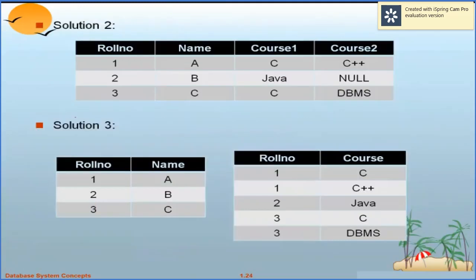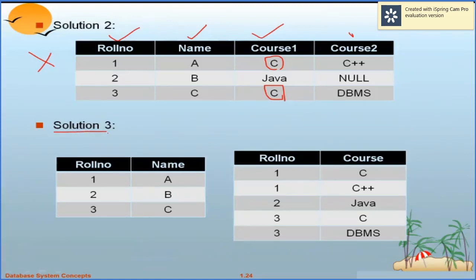Let's proceed further. Next one is solution 2. So roll number and name are kept as they are. Now I have started splitting the course data as course 1 and course 2. If you observe, even the course data is encouraging redundancy. So again, I'm not okay with this kind of condition. Instead of that, look into the third solution, which proves to be the best.